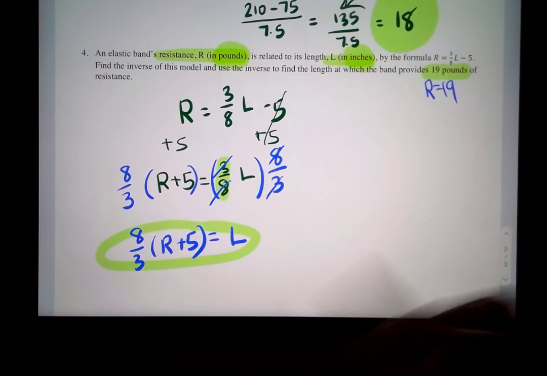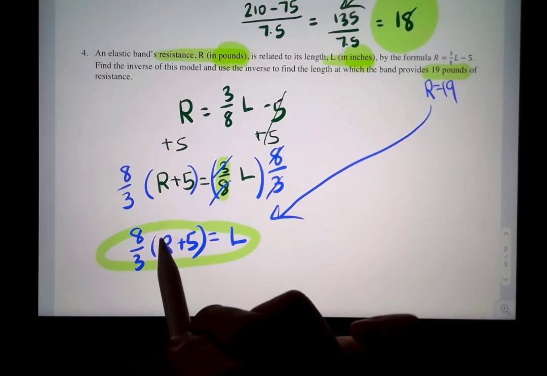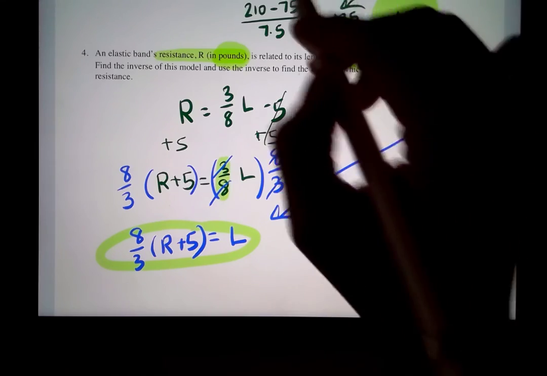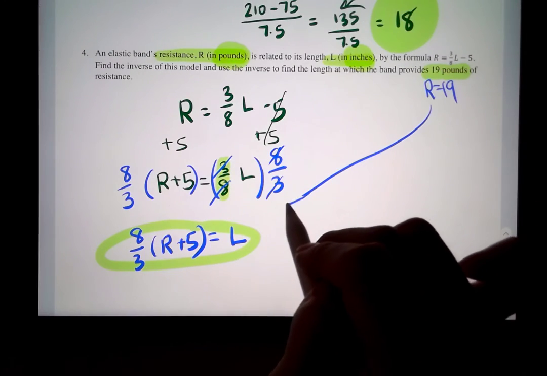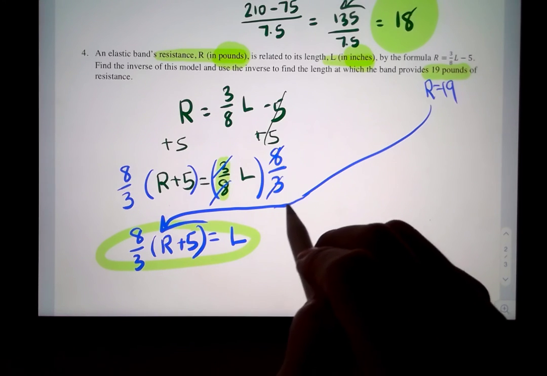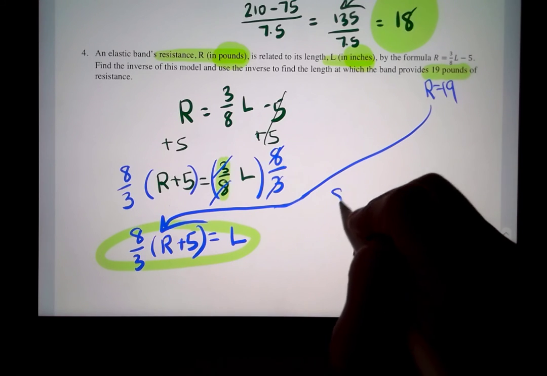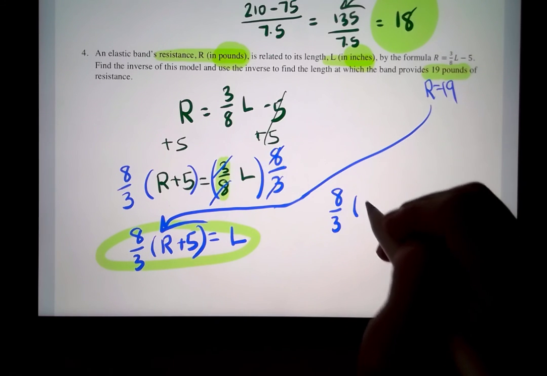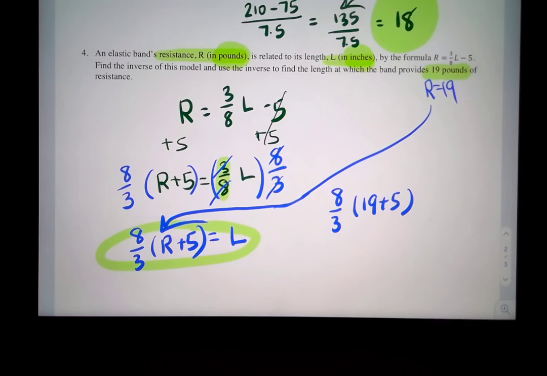So I'm gonna put 19 here, but you need to put it into R, because I know some of you will get confused. So I put 19 into R. So you do 8 over 3 times (19 plus 5), like that.